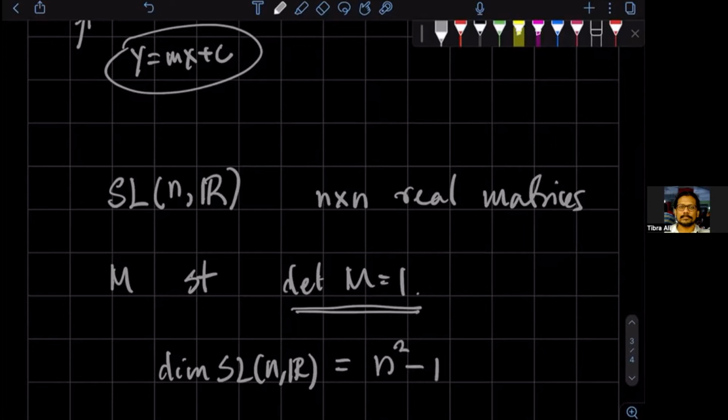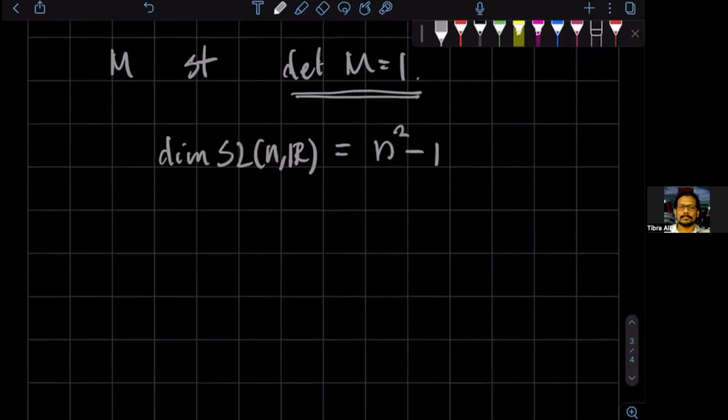Okay. So there is actually another way of defining SLNR. But to do that, we need to define something called a commutator. Let G be a group.